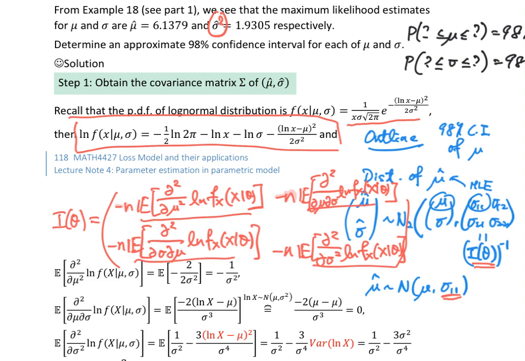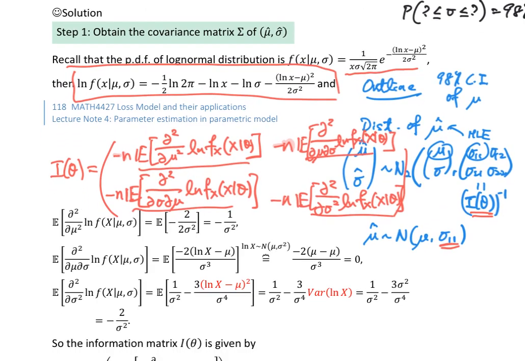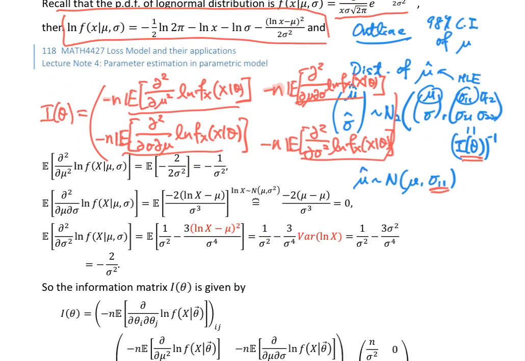The next step is to compute these 4 expected values. If I want to calculate the first expected value, this one, we first forget about the expected value and focus on this second derivative.